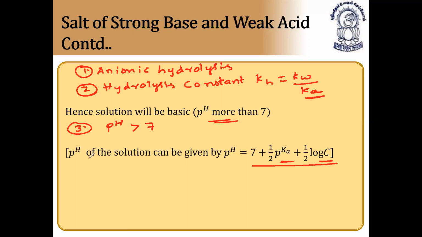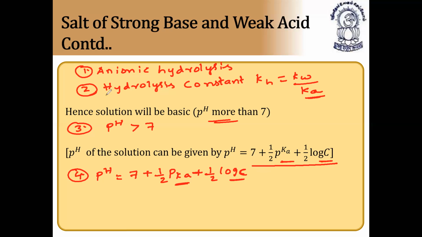And the fourth point, to calculate pH, use the formula pH is equal to 7 plus half pKa plus half log C, where pKa is the negative logarithm of Ka, that is the dissociation constant of the acid, and C is the concentration of salt.